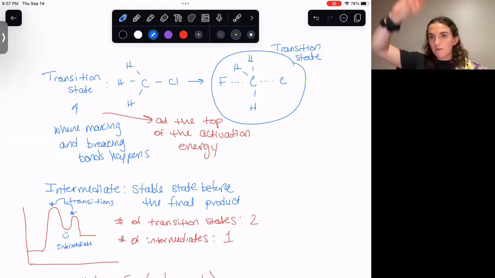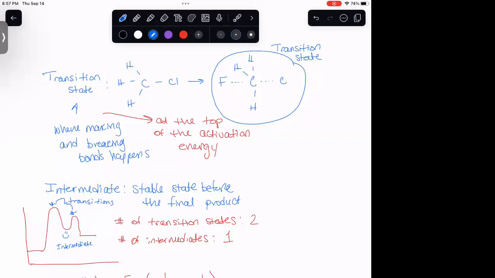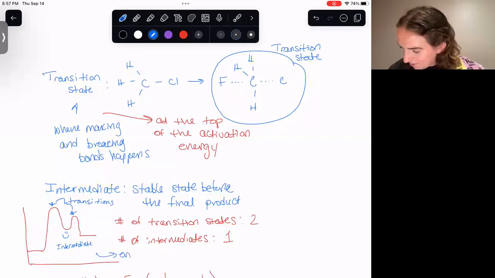It has to be some sort of endothermic and some sort of exothermic reaction, and that little dip is where you have an intermediate. At the top of your activation energy, that's where you have a transition state. Overall, what is this reaction? Is it endo or exothermic? I'm going to guess endothermic. Yep, that's perfect. This is endothermic.